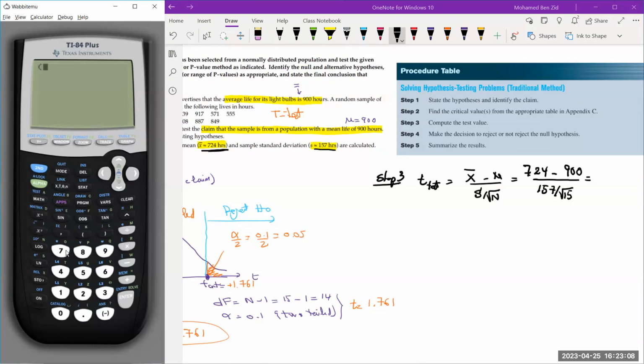So open the parentheses, 724 minus 900, close the parentheses, divide by, open the parentheses again, 157, divide by the square root of 15. Exit the square root, close the parentheses, and enter. So we get minus 4.34.